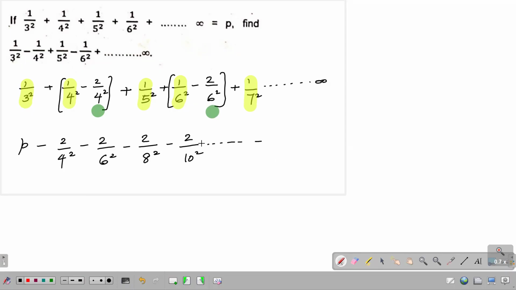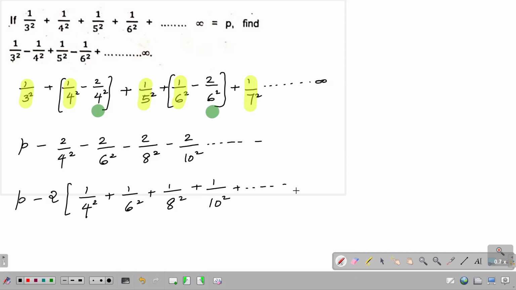Now, I want you to observe another very interesting thing here. Can I not write it as P minus, I will take 2 the common factor out. Then this will be 1 by 4 square plus 1 by 6 square plus 1 by 8 square plus 1 by 10 square plus etc. It goes up to infinity.